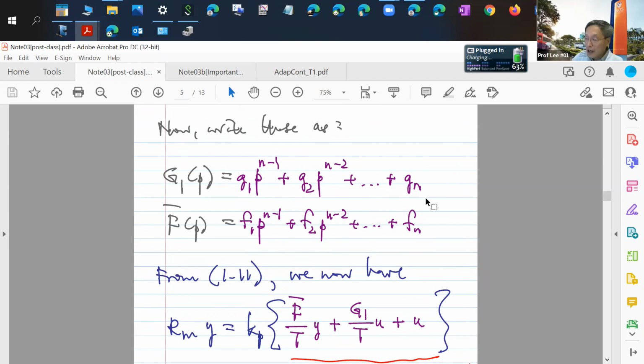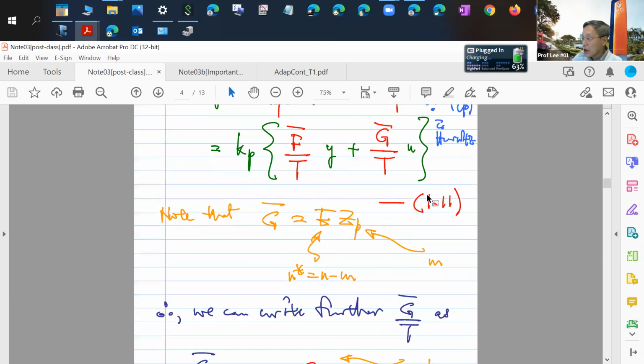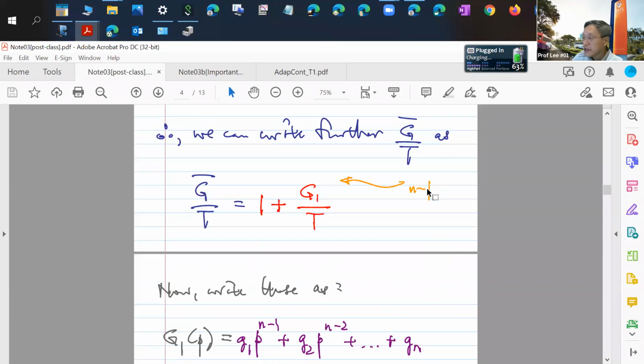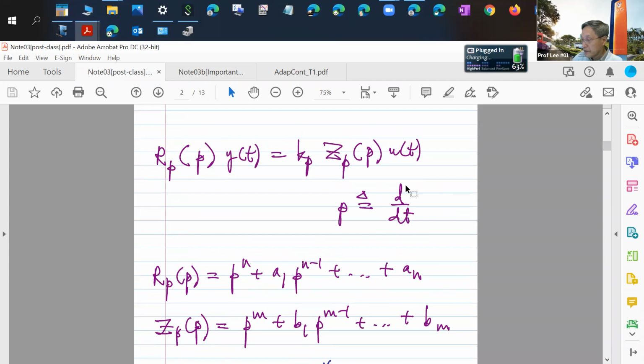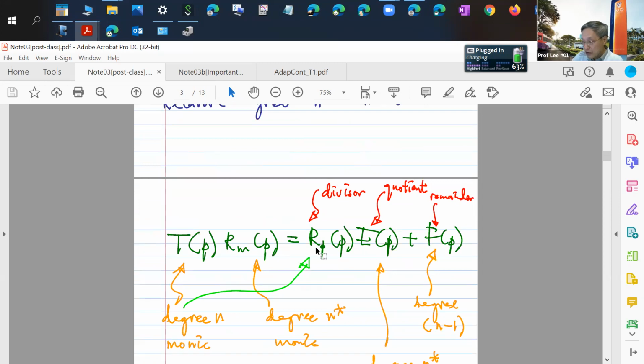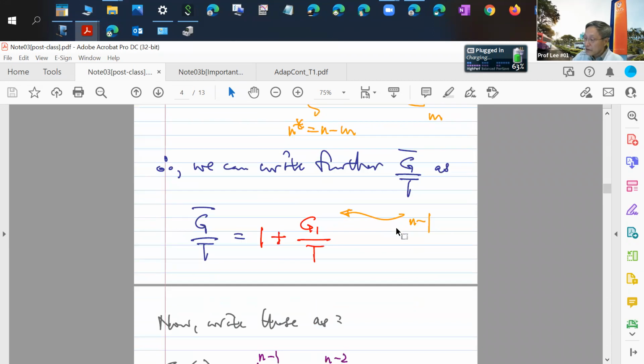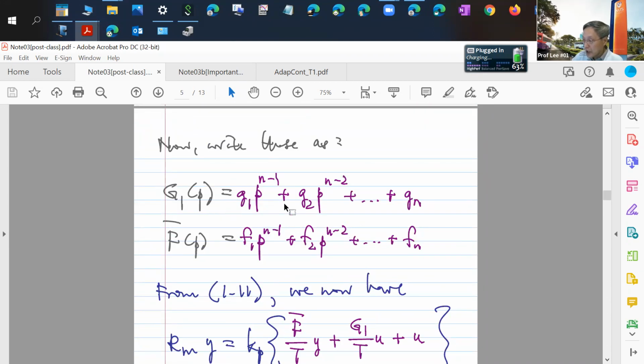If you now backtrack and look at everything we have done carefully, all the way to right in the beginning where we posed the problem, and if you assume that you know all the numbers A1 to AN, all the numbers B1 to BM, and also this number KP, which is what you would do in standard control, because you will work with a system that you know, and then go through exactly all these things, calculate, and you will see that if you started off knowing the system exactly, all these numbers G1, G2 to GN, F1, F2 to Fn are numbers that you can exactly calculate.